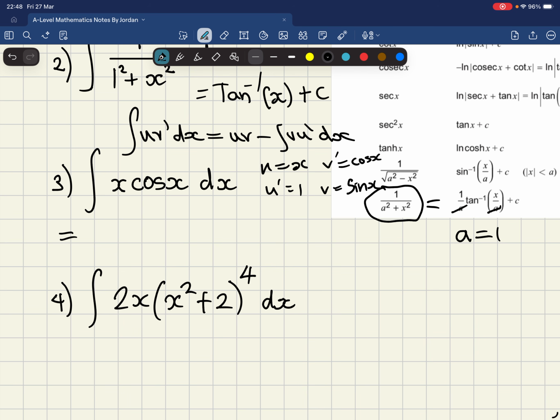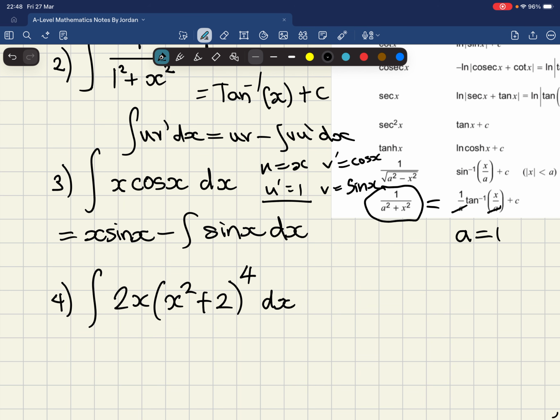And so this goes to uv first, which is x sin x, and then take away the integral of v u dash. U dash is just 1, so it's just the sin x.